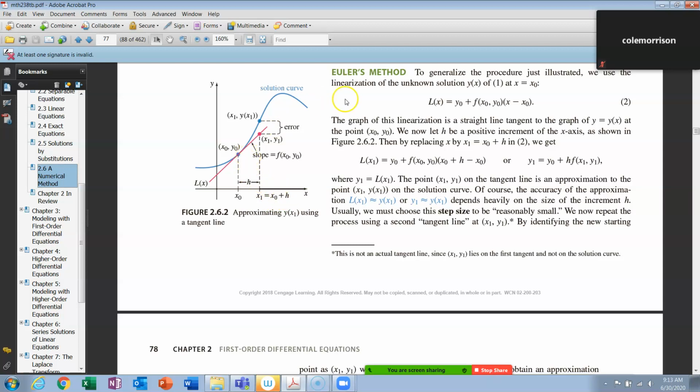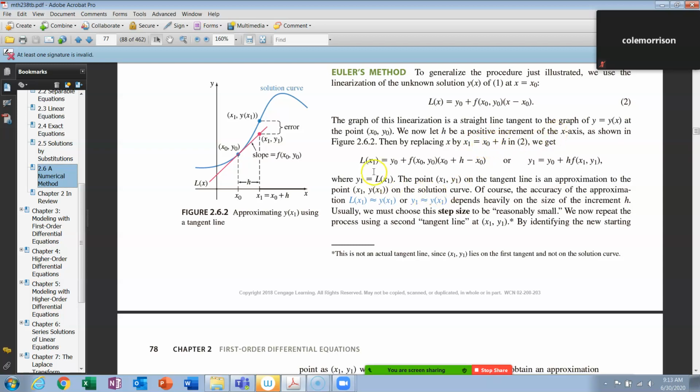Now at 2.1, we let h be a usually small positive increment in the x-axis, replacing x by x0 plus h. That's a lot easier than it seems. x0 is 2, h was 0.1, so the x1 now becomes 2.1.